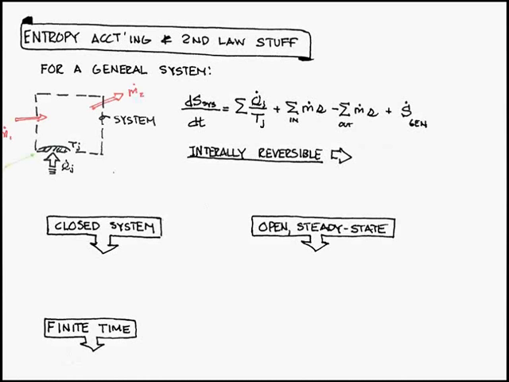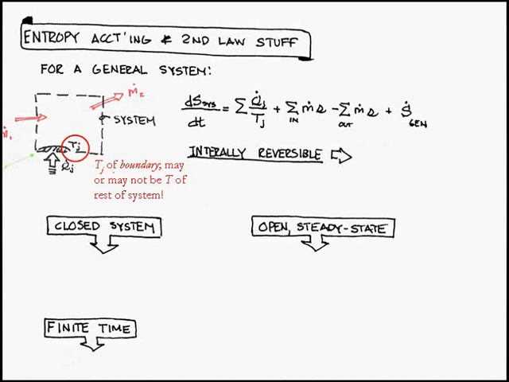But there's one very interesting thing about entropy accounting that's a little bit different than the identification of systems for other accounting principles, and that has to do with the temperature. You have these terms Q dot over T, and the T refers to the temperature of the boundary of the system, which may or may not be the temperature of the rest of the system. So entropy accounting is highly dependent on what kind of system you are looking at, and specifically what the temperature of the boundaries are of your system where heat transfer is occurring.